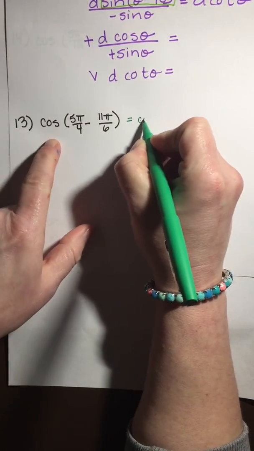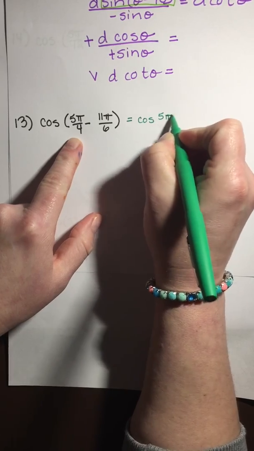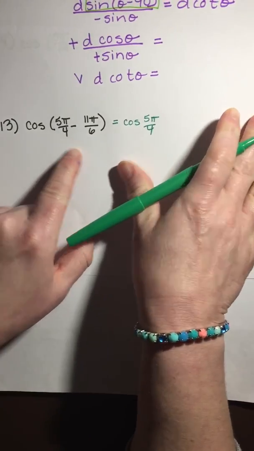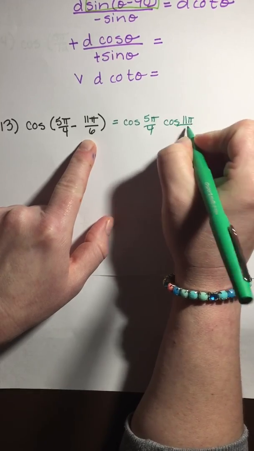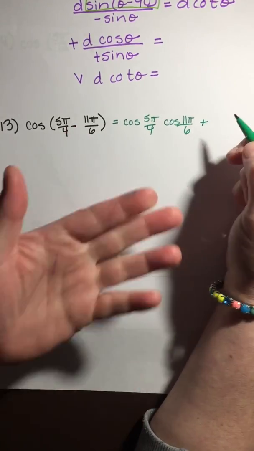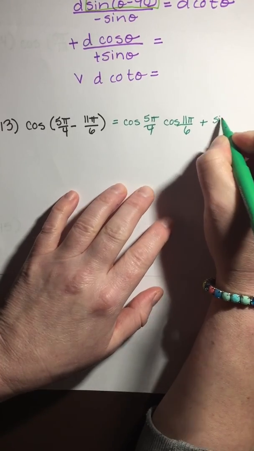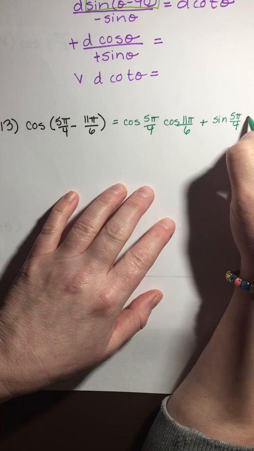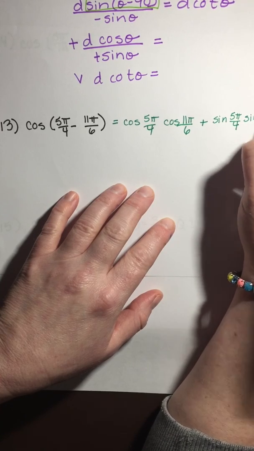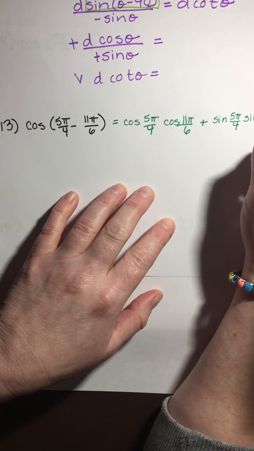So that would be the cosine of 5 pi over 4 times the cosine of 11 pi over 6 plus, because it's the opposite, the sine of 5 pi over 4 times the sine of 11 pi over 6.